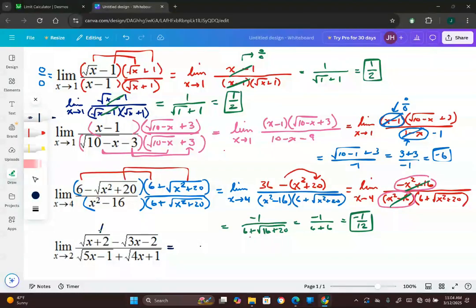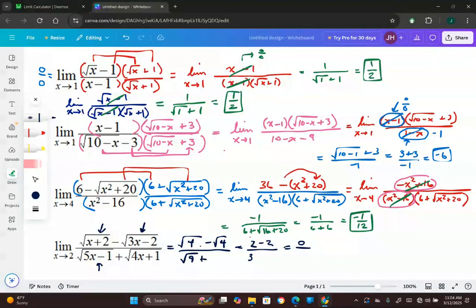If I plug in 2 here, I get the square root of 2 plus 2, which is 4. If I plug in 2 here, I get 6 minus 2. I get the square root of 4, which is 2. This would be 2 minus 2. The top comes out to be 0. But if I plug 2 in the bottom, this would be 10 minus 1. That's the square root of 9, which is 3.